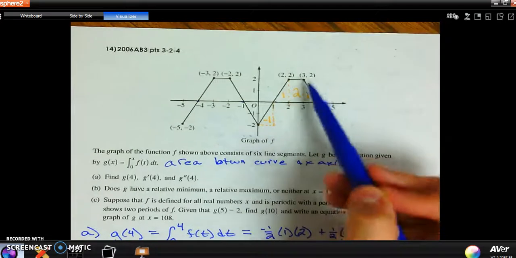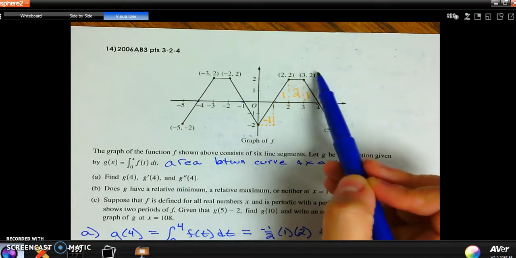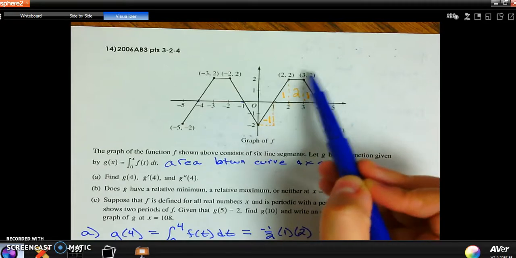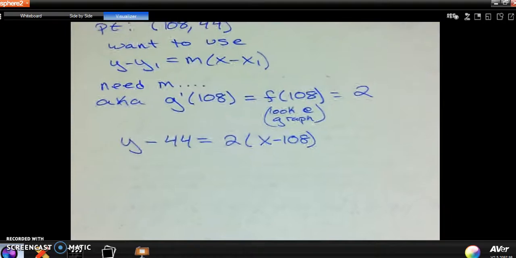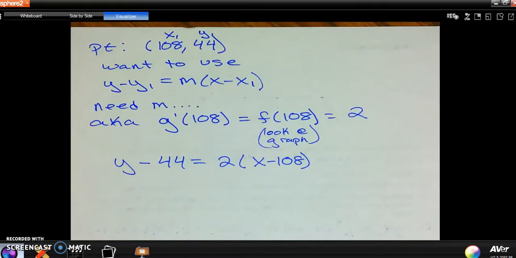So at x equals 3, the output was a 2 right there. So that is where I got my slope. Once you have that the slope is 2, you're going to go back and plug in: y minus y1 equals m times x minus x1, and that is how you get your answer on this one. Hopefully you were able to get close to the 9 points for this problem.